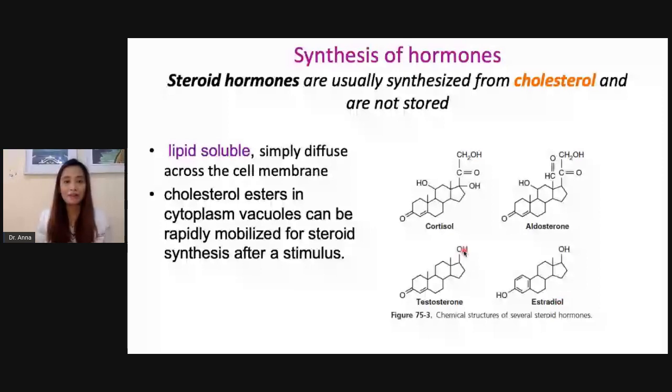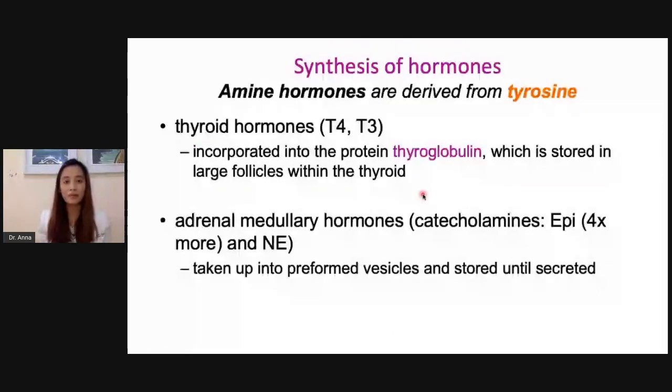Next are your amine hormones. Your amine hormones are amino acid derivatives, and the amino acid that they're derived from is your tyrosine. Your tyrosine is converted eventually, through thyroid hormone synthesis, into your thyroid hormones, thyroxine and triiodothyronine, which is your T4 and T3.